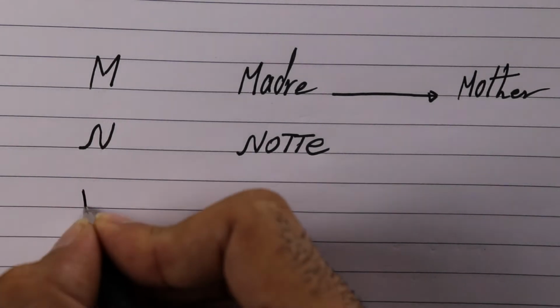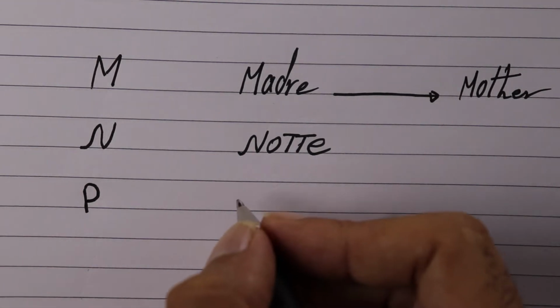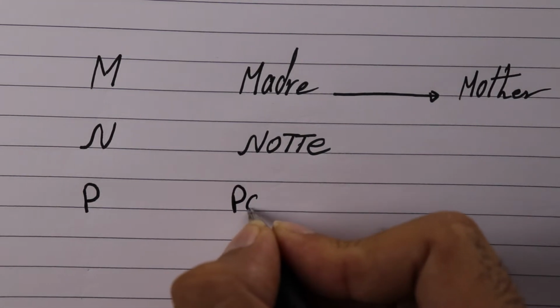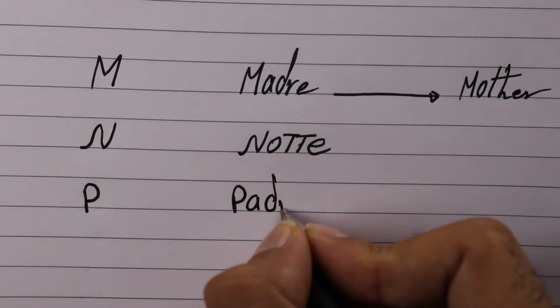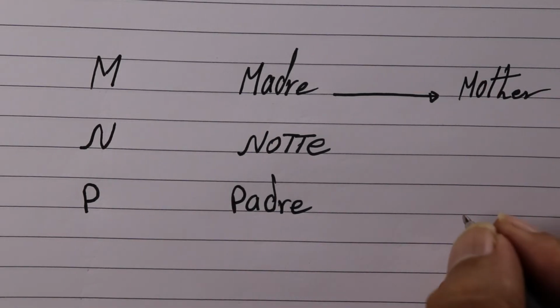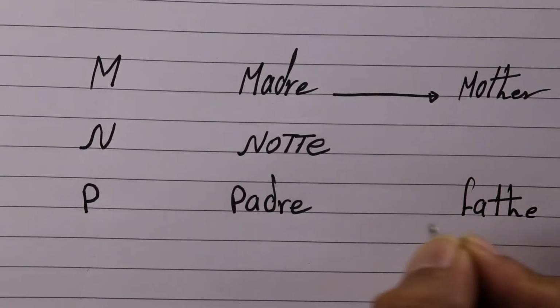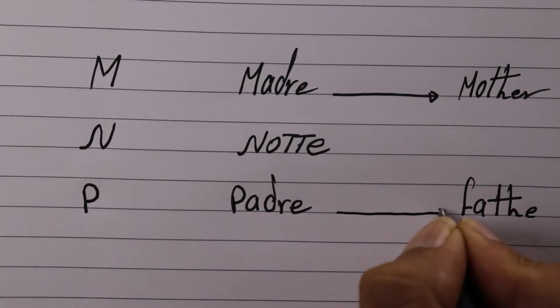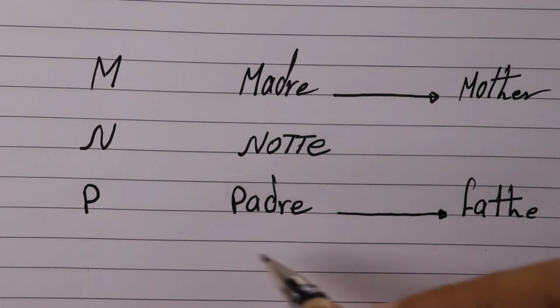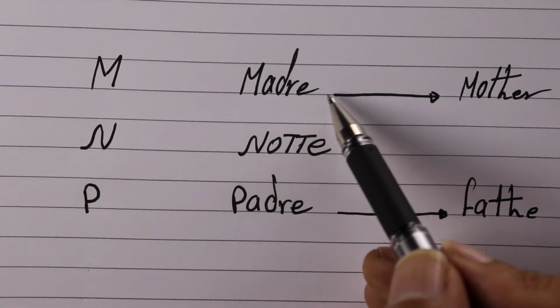Next one is P, like padre, a father. P, padre. M, madre.